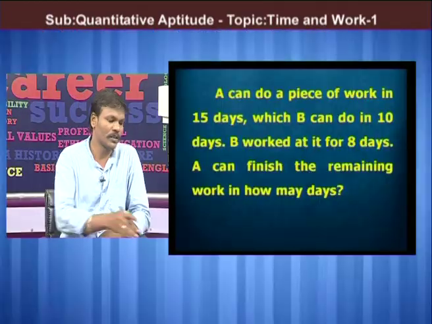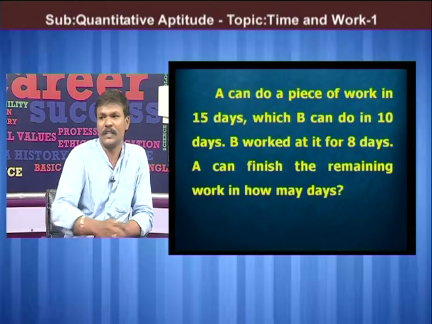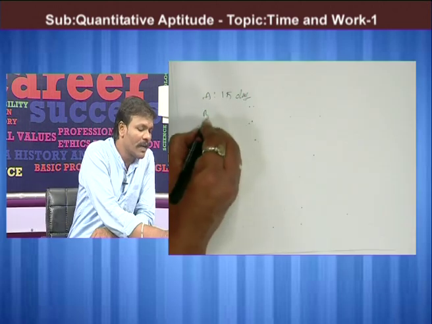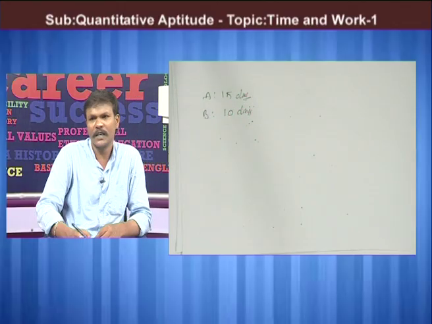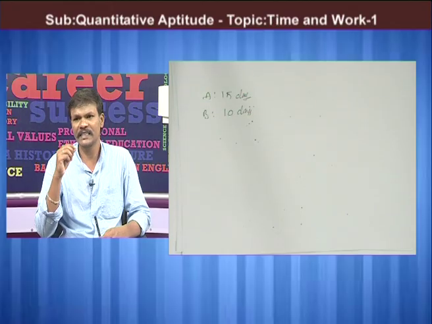The next question is, A can do a piece of work in 15 days. The next statement is, B can do it in 10 days. In time and work, you have to clearly observe the question statements, what has been given.